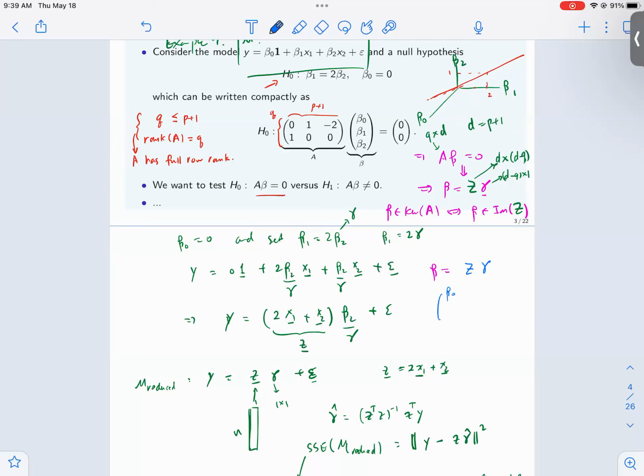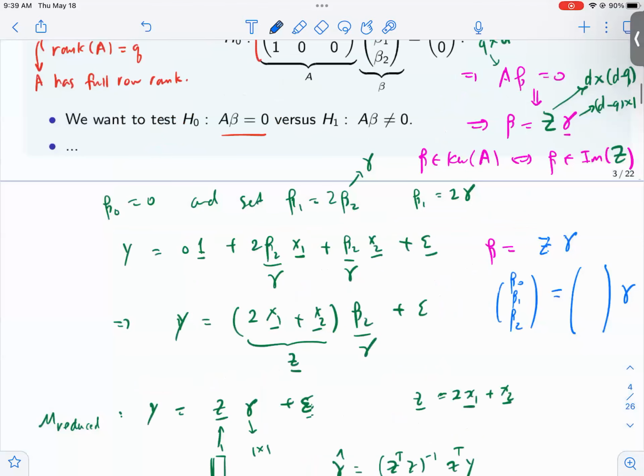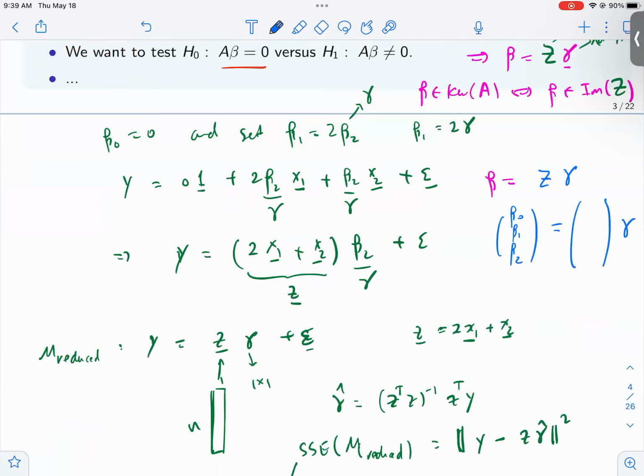So if I want to write something like that: beta 0, beta 1, beta 2, times gamma. What is beta 0? 0.